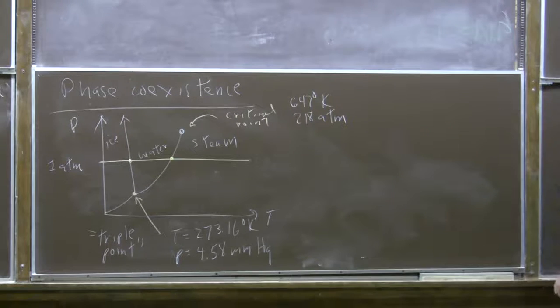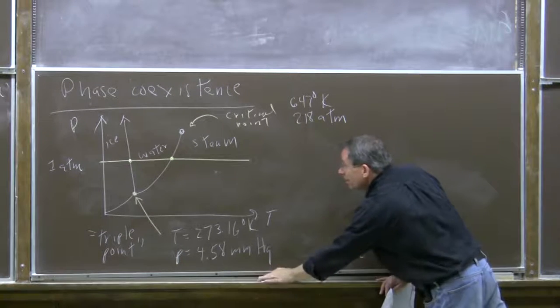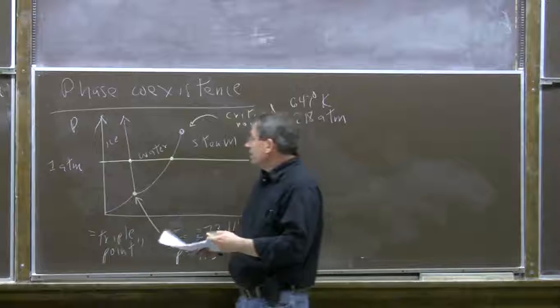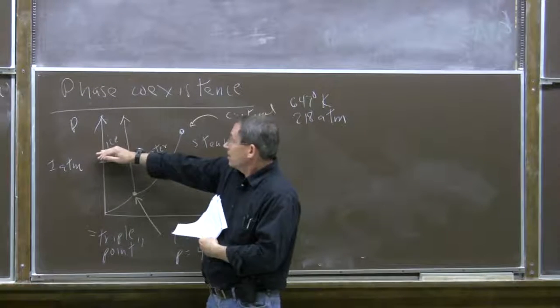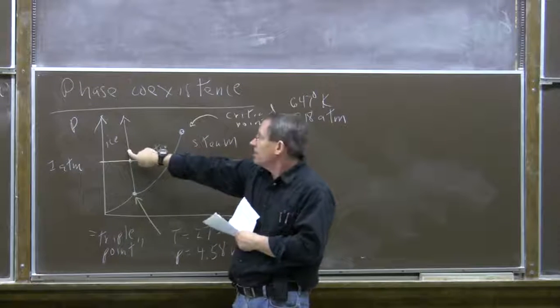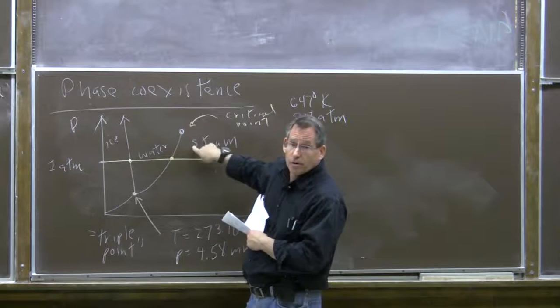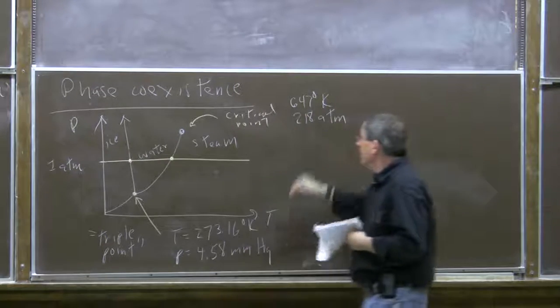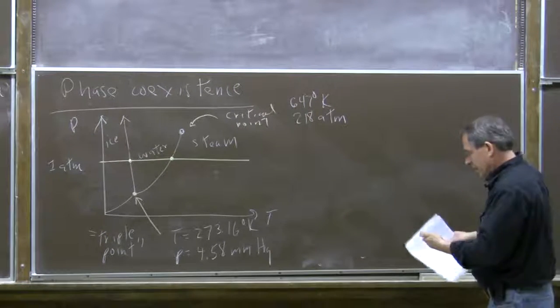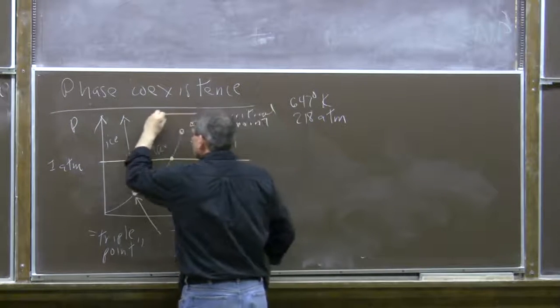Its significance is this: if the pressure is less than 218 atmospheres, and with that fixed pressure we consider increasing the temperature, we will encounter 2 phase transitions, first from ice to water, and then water will boil later on and become steam. If the pressure is above 218 atmospheres, then there will just be 1 transition.